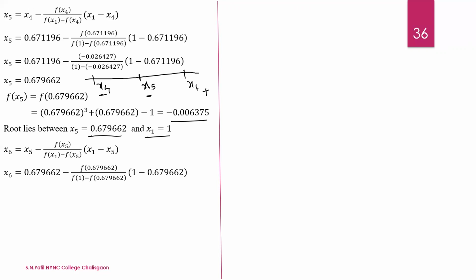Okay. Now put the image of f of 0.679662. Its image we have calculated is minus, and image of f of 1 is already calculated, that is 1. Okay. Now this is minus, minus, plus, here this minus, minus, plus 1.006375. Simplify this by calculator, we get the next iteration, that is iteration number 4.